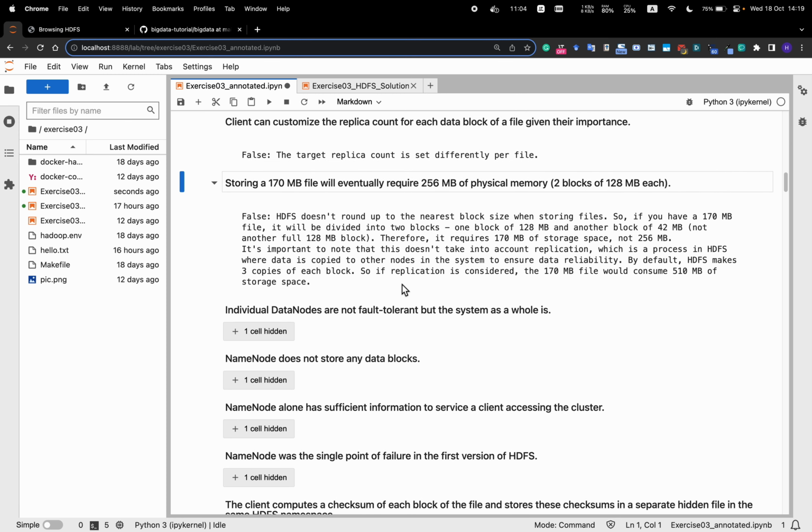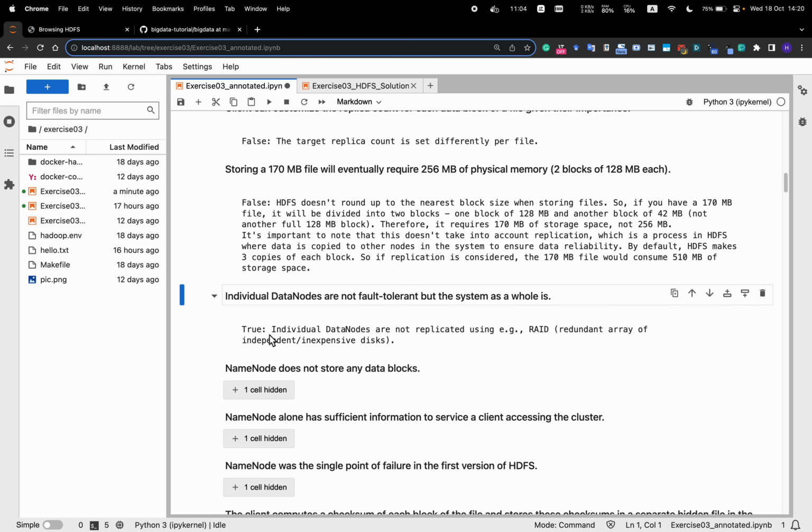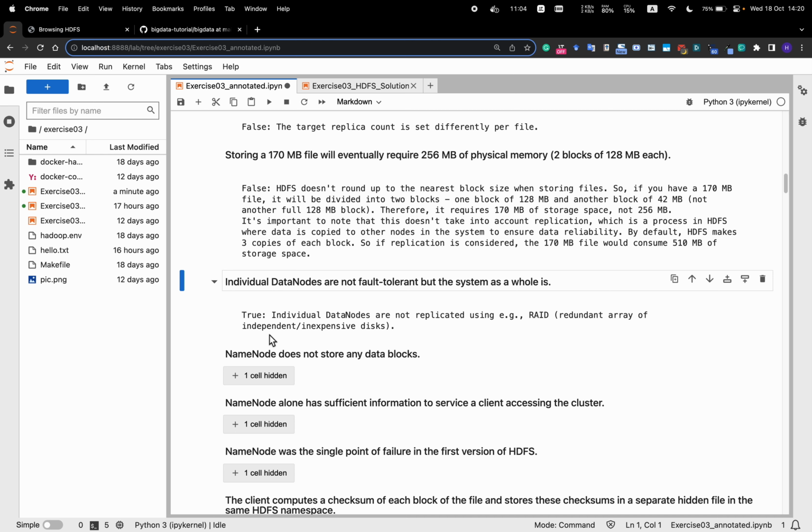Yes, so the next question. Individual data nodes are not fault tolerant, but the whole system is fault tolerant. Is that true or false? True. Data nodes can fail. Exactly. For HDFS, individual data nodes are not fault tolerant because they're not using something like RAID.